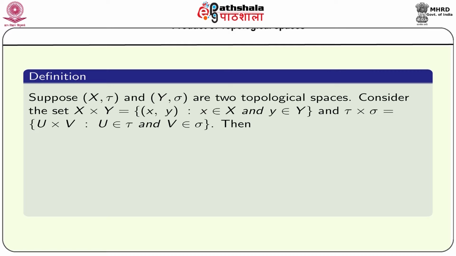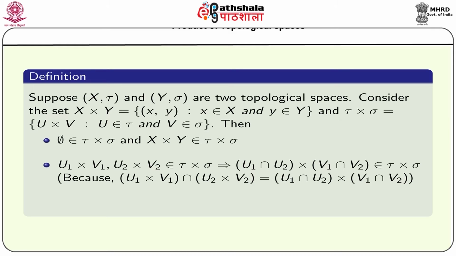We take tau cross sigma as the collection of all sets of the form U cross V such that U is an open set of capital X and V is an open set of capital Y. Then we see that the empty set and X cross Y, that is the whole set, are both inside this collection.